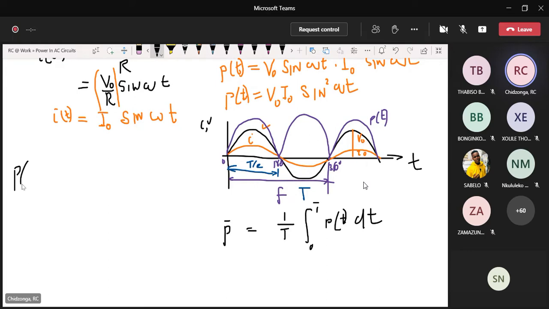p(t) is equal to V peak, I peak. I'm going to write in brackets here and come back to that, right?